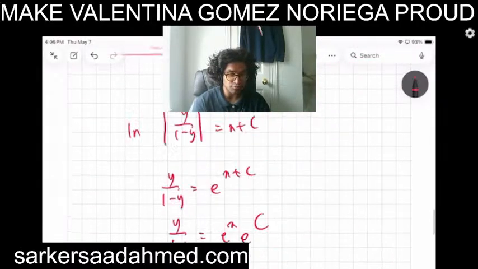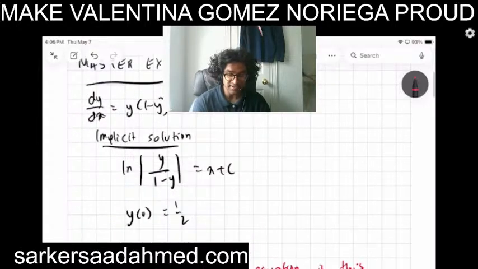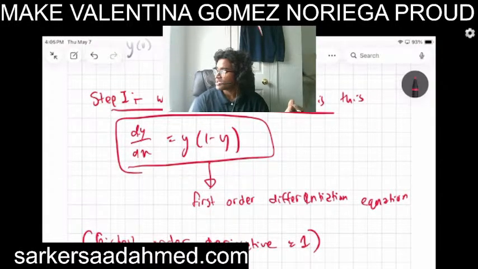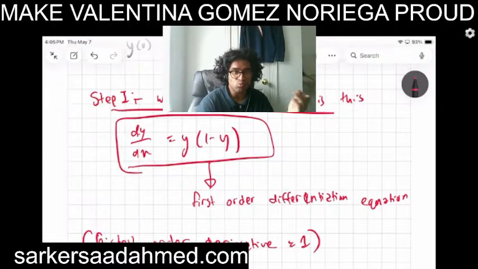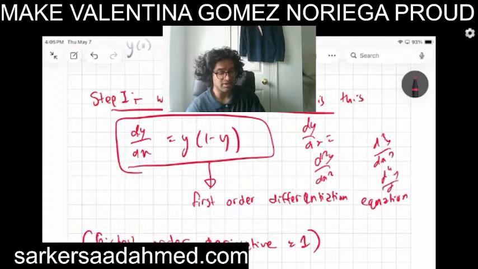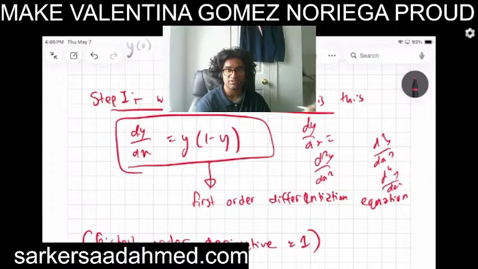So far we have explained the linearity, so what type of equation it was. We looked at the highest order derivative. The highest order derivative was 1, meaning if I have dy by dx, that's a first order derivative, d square y by dx square is second order, d cube y by dx cube third, d4y by dx 4, 5, 6, whatever.